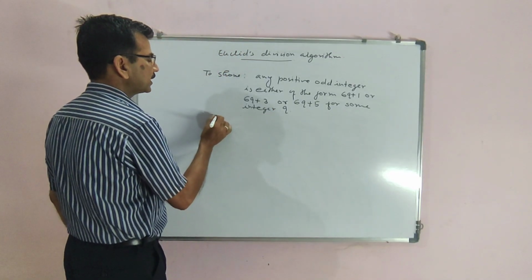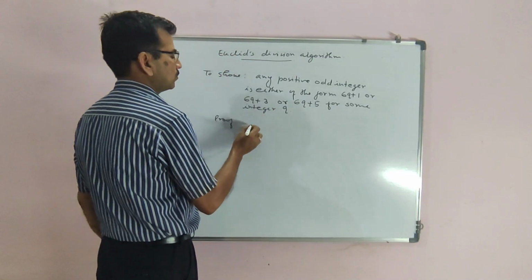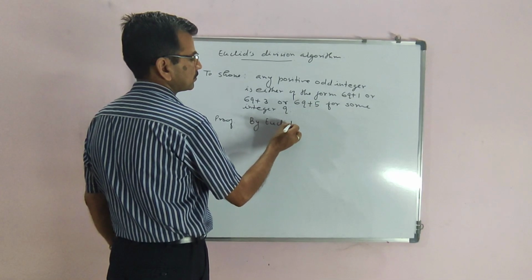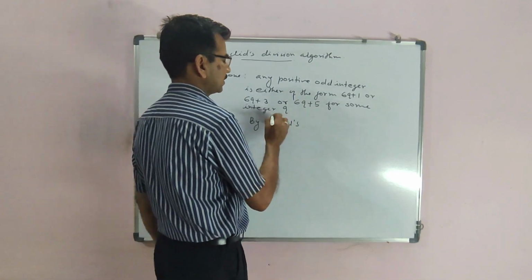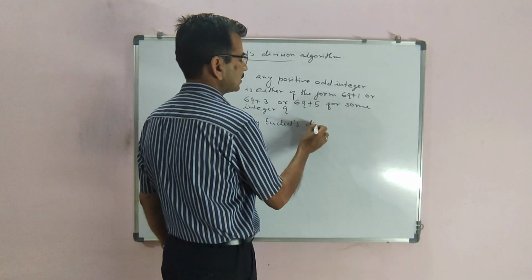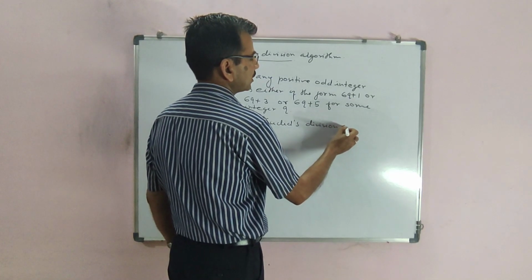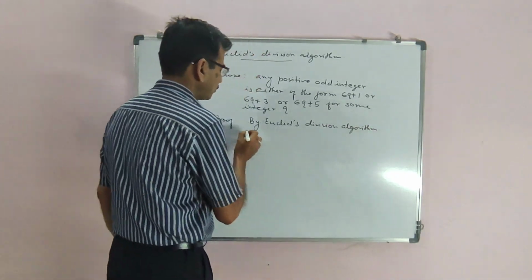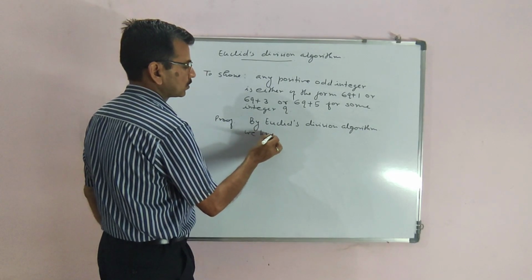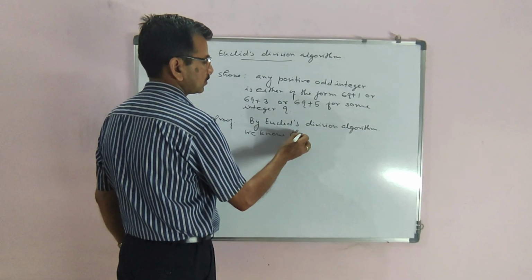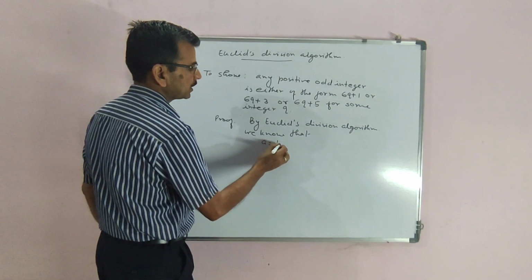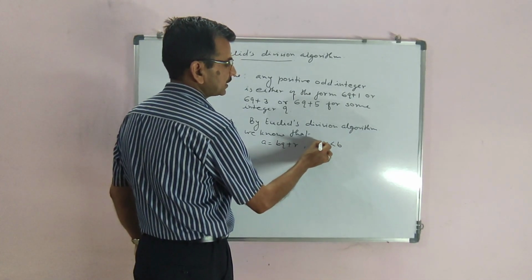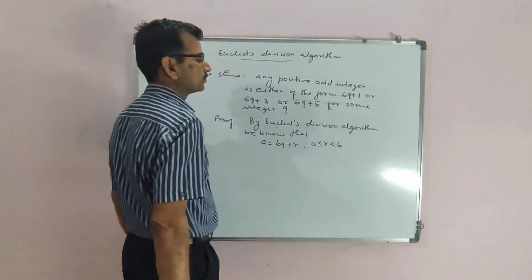So in the proof we can now write, by Euclid division lemma, or Euclid division algorithm, we know that a equals bq plus r, where r is less than b but greater than or equal to 0.